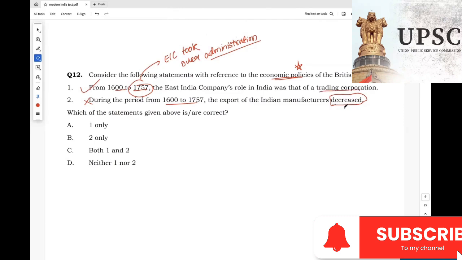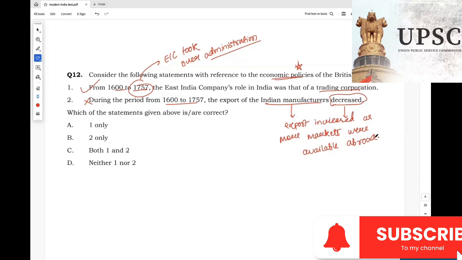At this point of time, Indian manufacturing exports increased as more markets were available abroad. See, what's the case? Before the Battle of Plassey, there was no industrial revolution going on in Britain.